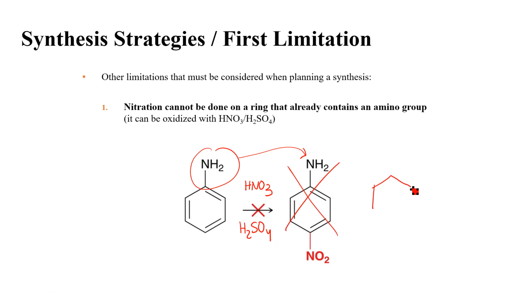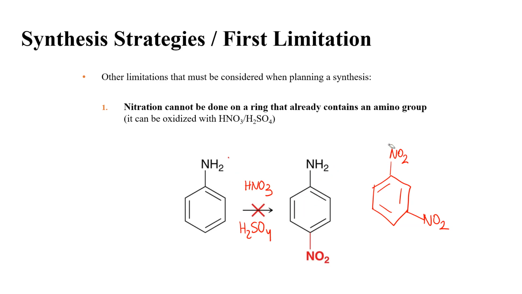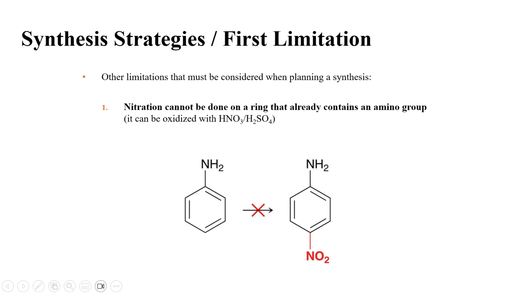You're going to get this. You're actually going to oxidize the NH2 back to an NO2, and then the second NO2 is just going to go meta because an NO2 is a meta director, right? So you're not going to be able to do this.